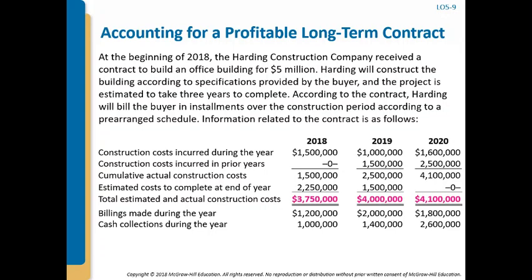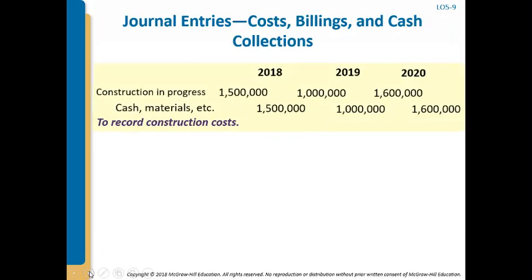They've already incurred 2.5 million, so total construction costs are 4.1 million. Since it's built at the end of 2020, year 3, that's all the construction costs. There's no more construction costs to be incurred. Billings in that year were 1.8 million and cash collections 2.6 million. Okay, so that's just some basic information there.